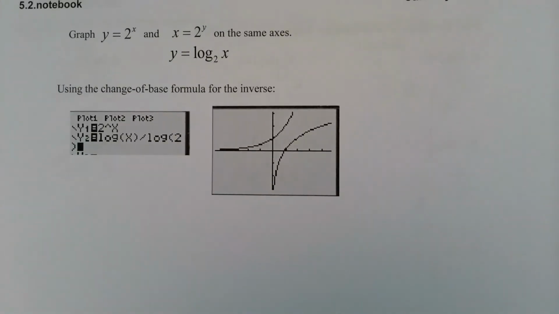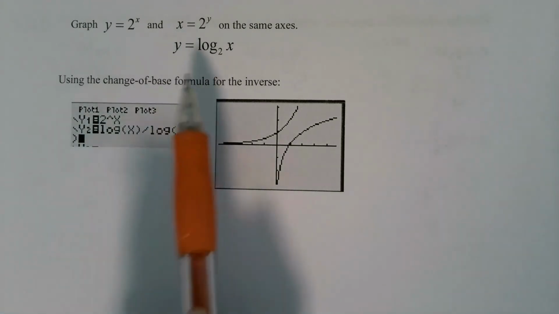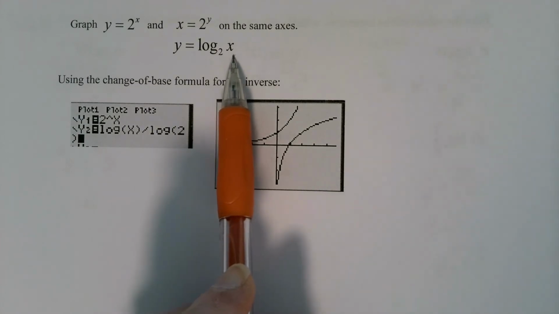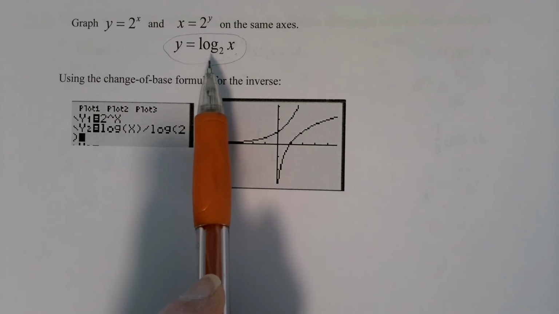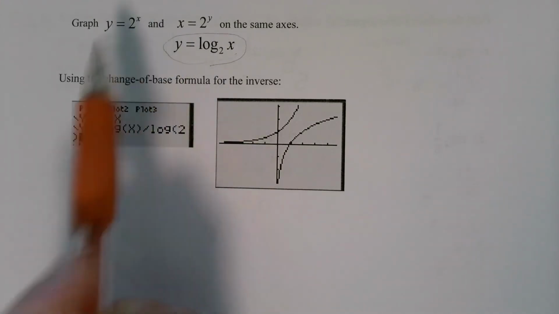Now that base button helps us when we do log graphs. We know that these are inverses of each other. So if we wanted to graph y equals log base 2 of x, that would be the inverse function of y equals 2 to the x power.